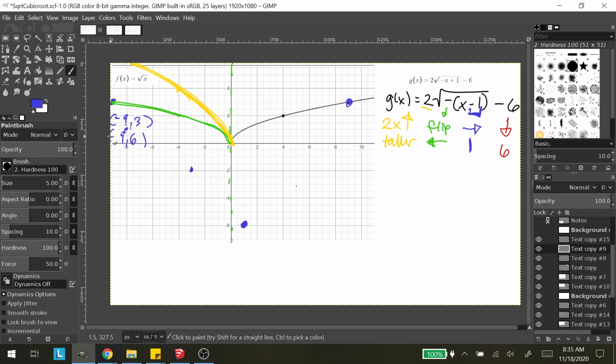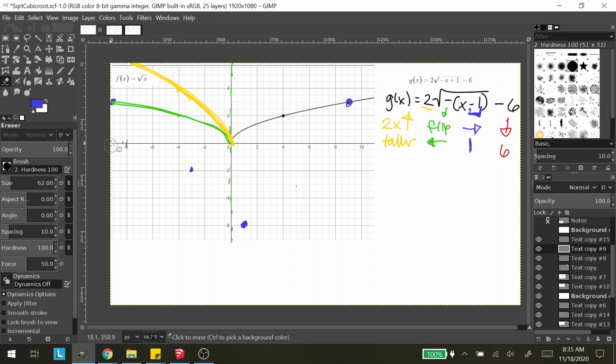And I put all these points in the same spot, which is making it very hard to see. Let me clean that up a little bit. There we go. All right, so we're at 8 because we went right 1 and we're at 1.